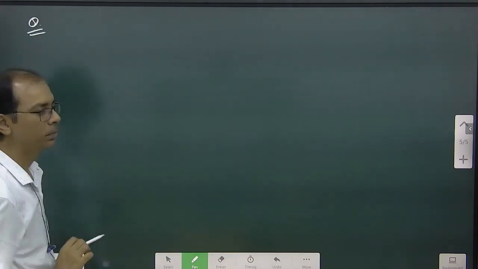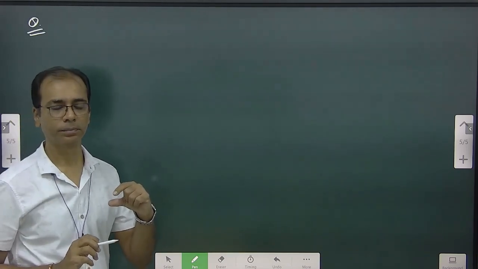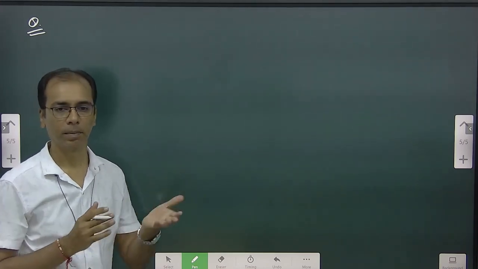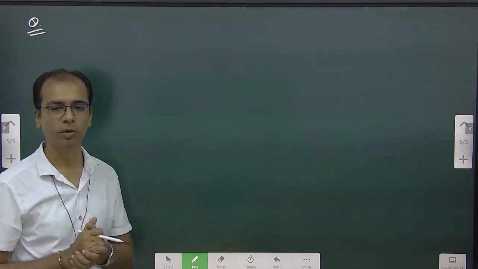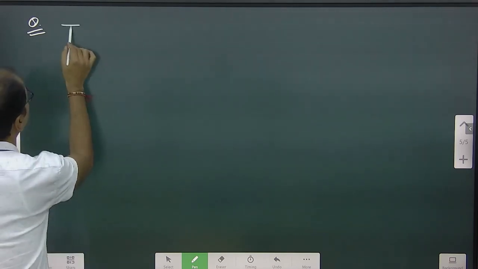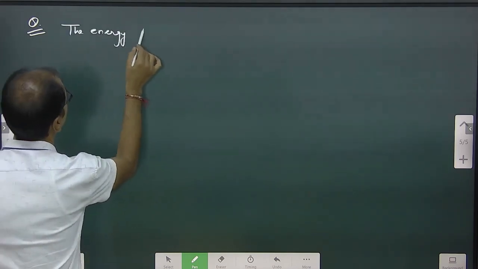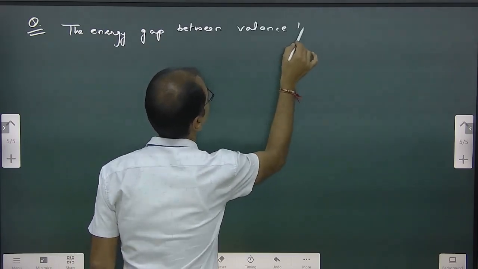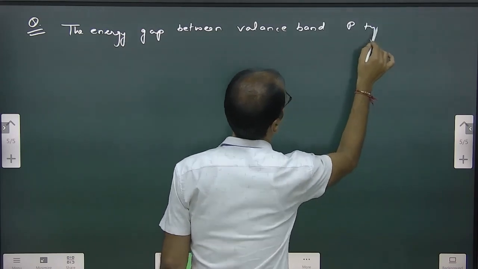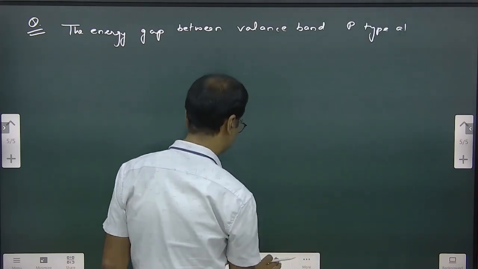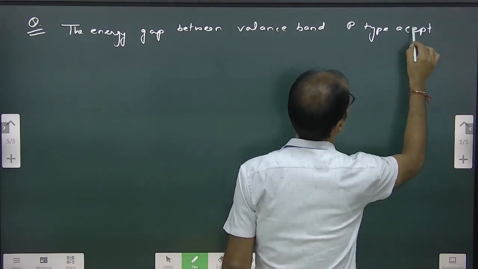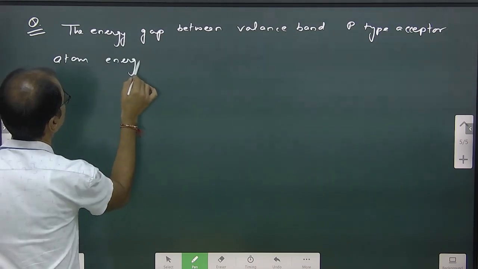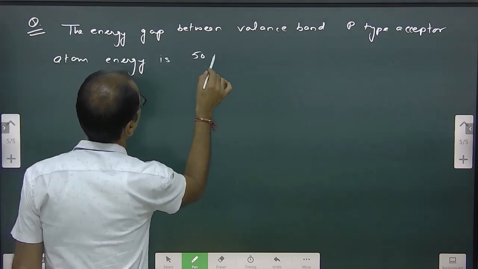A simple problem says: the energy gap between the valence band and the P type acceptor atom energy level is 50 milli electron volt.